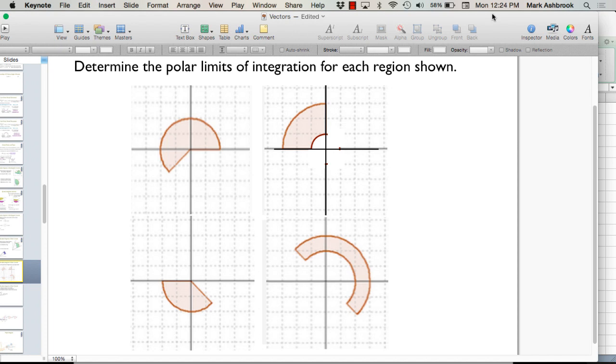For a given function, we know we're going to do f, r, dr, d theta, and for each one you're coming up with the 4 limits of integration that will define the region. We'll call this one A, B, C, D.